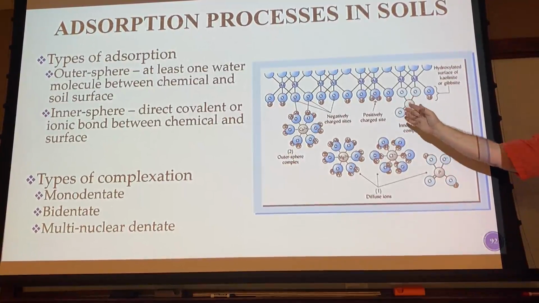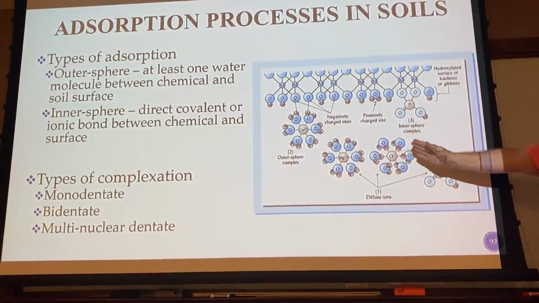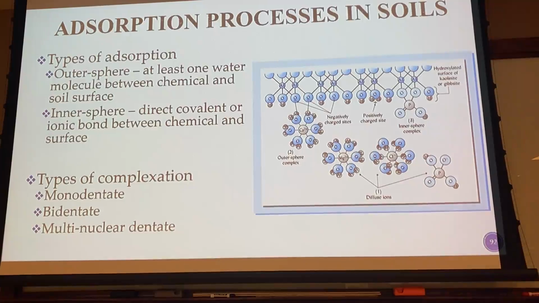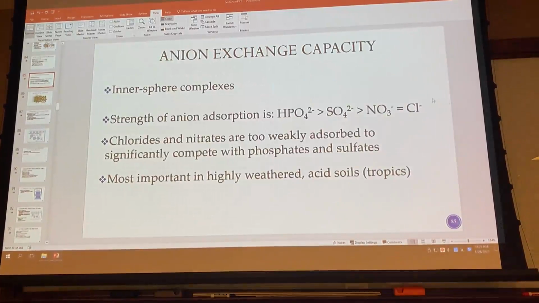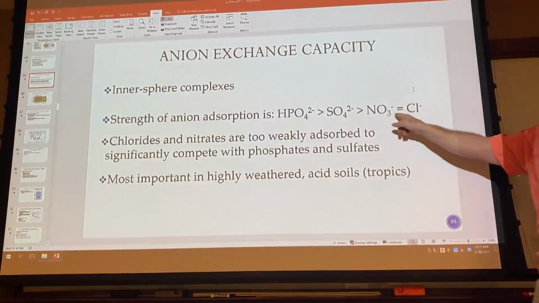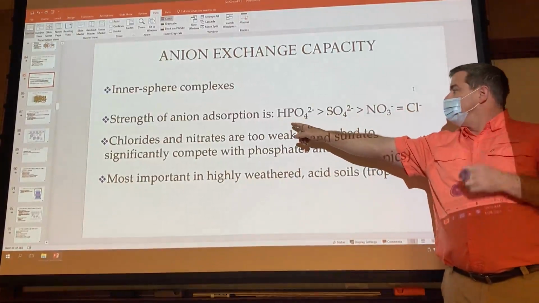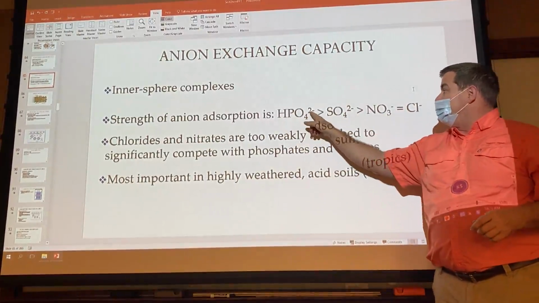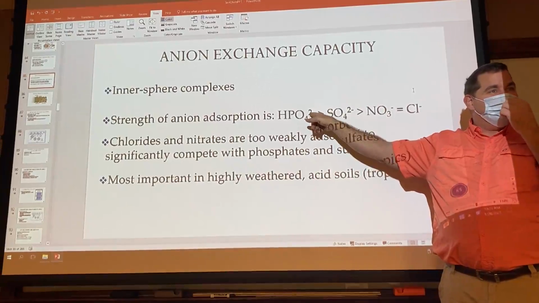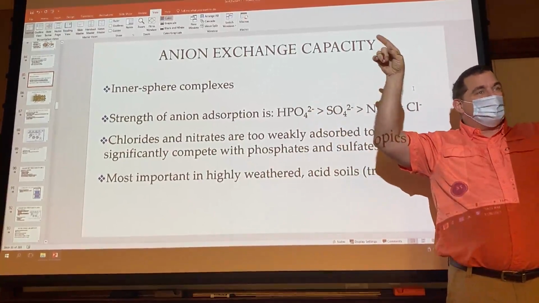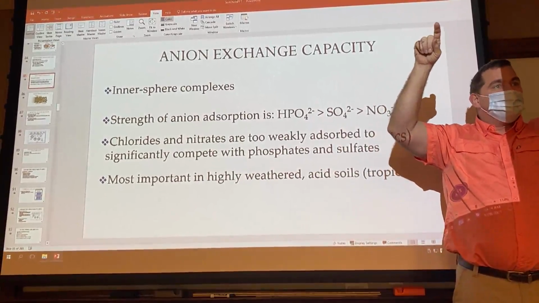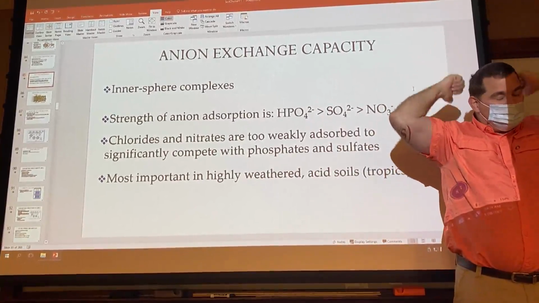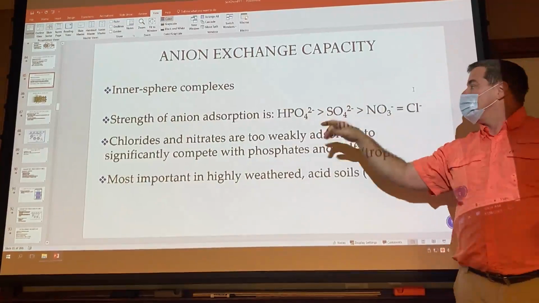Phosphorus is the primary one that we have this problem with. Sulfate's not so much, and this goes back to here. Because we have this 2 negative right here, each one of those two negative charges is going to have formed some covalent bond with the clay mineral.